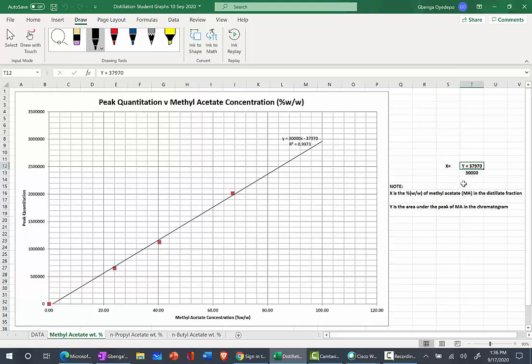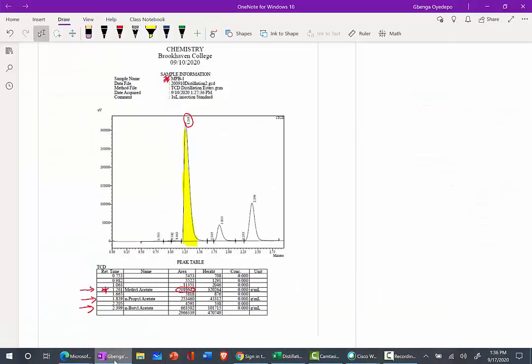Whatever you get would be the percentage of methyl acetate in standard number 1. When I did it, I got 68.5%. So, the percentage of methyl acetate in this mixture will be 68.5%.